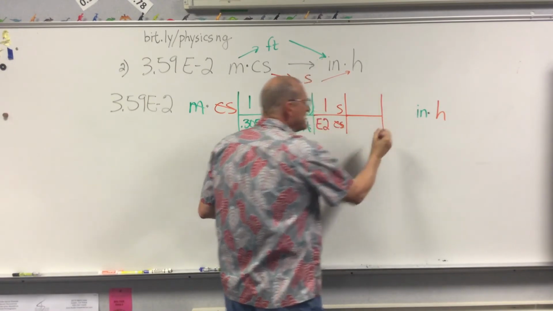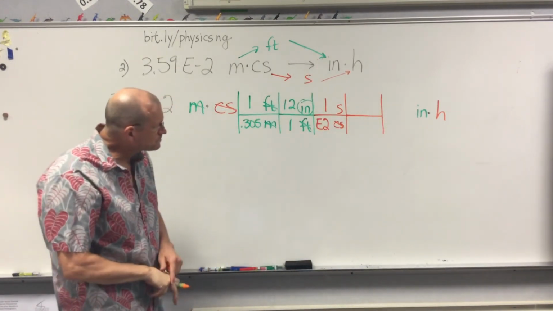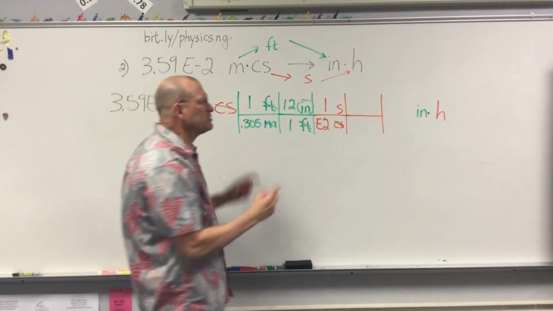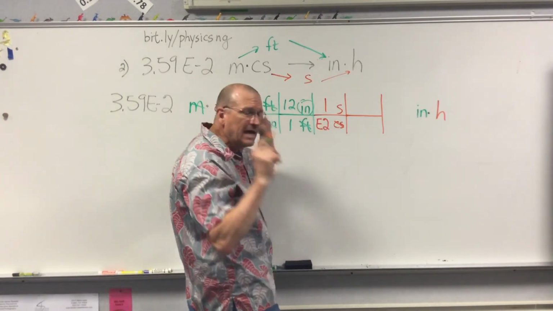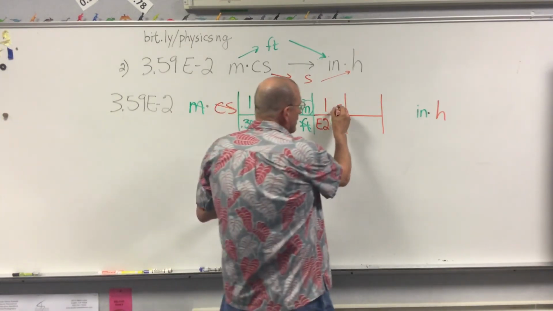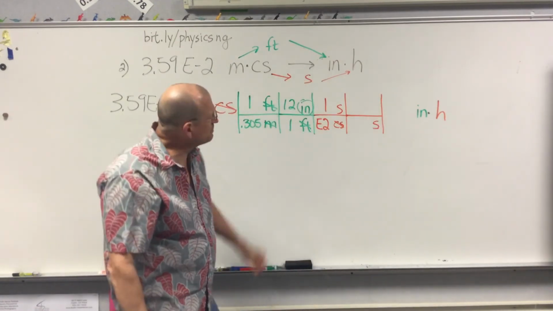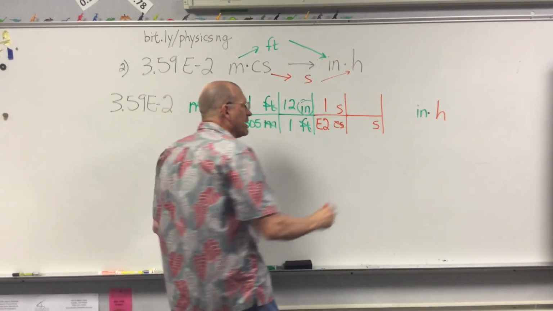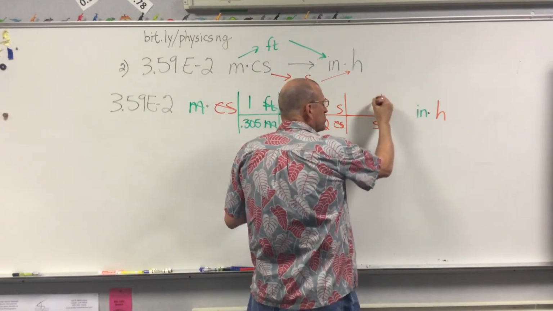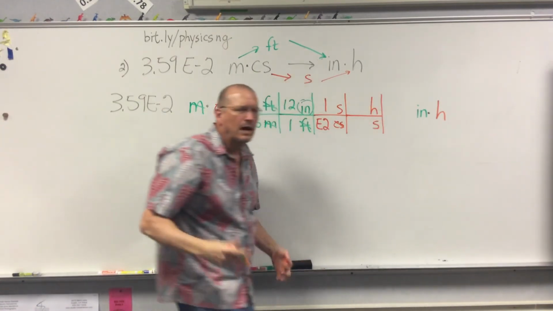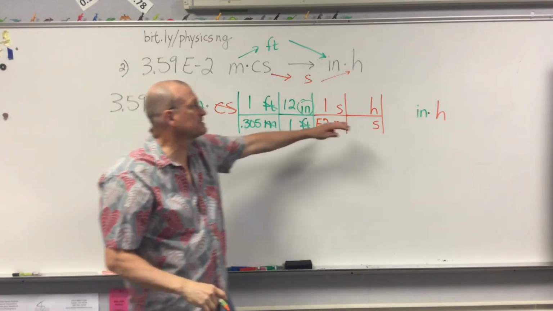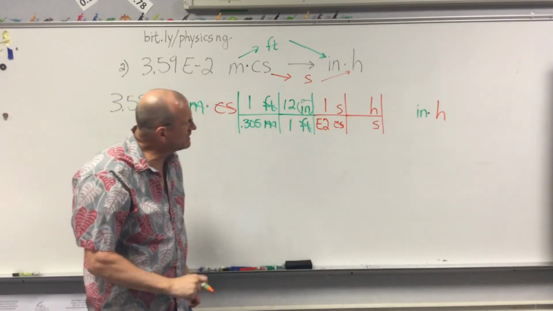So that means the next thing that I need to do would be to go between seconds and hours. But again, keyword diagonal. This second needs to get canceled out, so it needs to be diagonal, so it needs to be on the bottom. And I could convert it to whatever I want. Some people go seconds to minutes and then minutes to seconds.